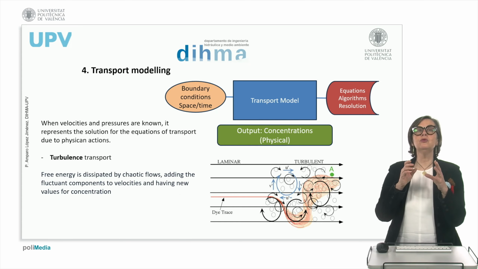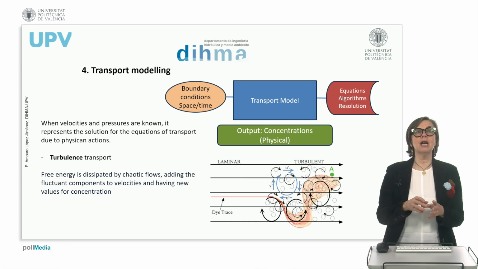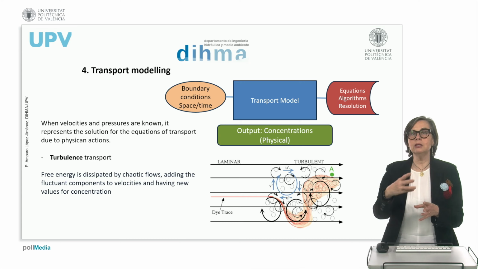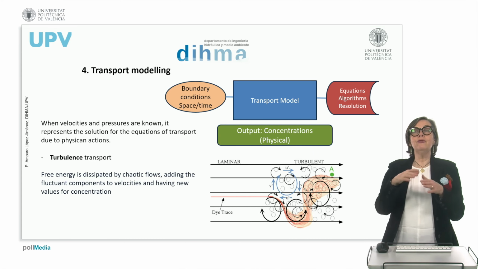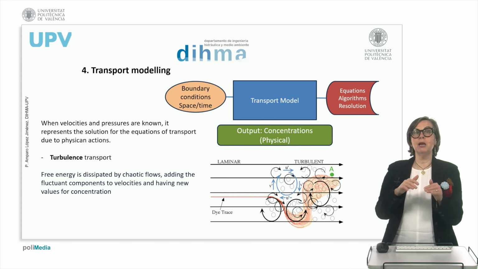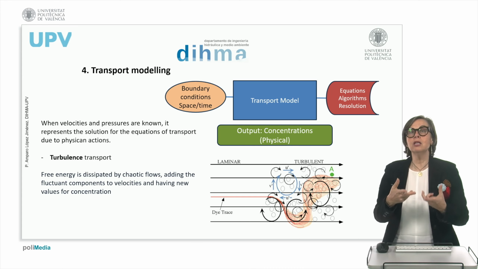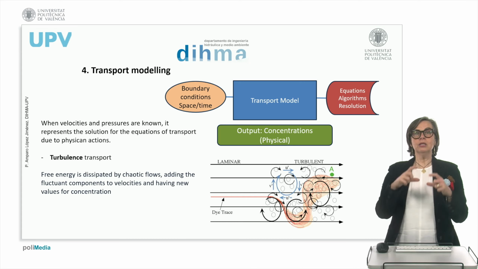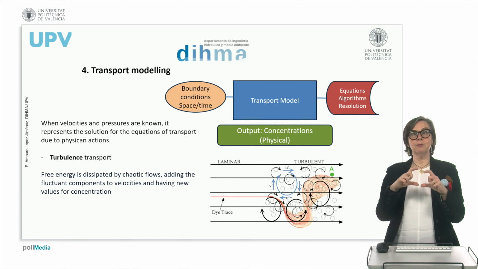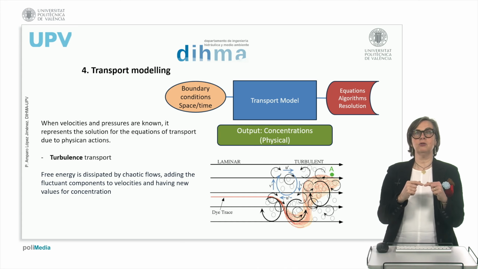And we will have turbulence transport as the fluid is chaotic. We have big Reynolds numbers and we have fluctuating components of velocity. We will have new values of concentrations. So this transport part of the model will give us some concentrations due to physical processes.